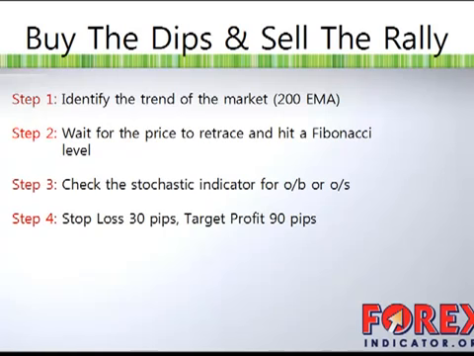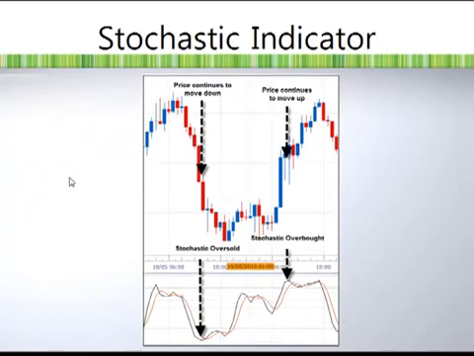What do I mean by overbought or oversold? Let's take a look here. You can see the stochastic indicator comes with a 20 and 80 line. The 20 level means that anything lower than that is a sign of oversold. Anything higher than 80 is a sign of overbought.